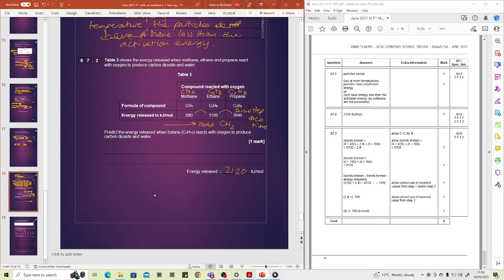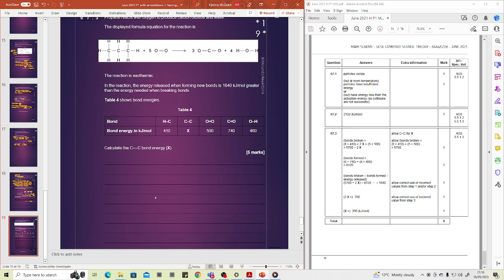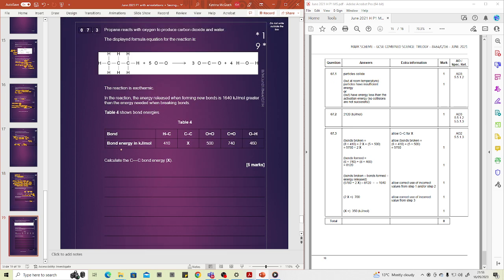Okay, and now we've got a bond energy calculation where we need to calculate an individual bond's energy. So we can write some working in here to make sure that we don't miss out any bonds at all. We're going to say bonds broken, and bonds formed. In fact, let's put them over the other side so that it matches up to the equation.